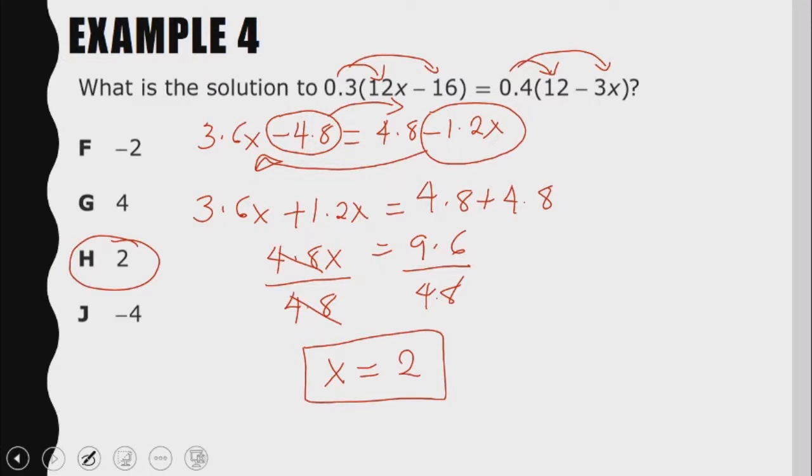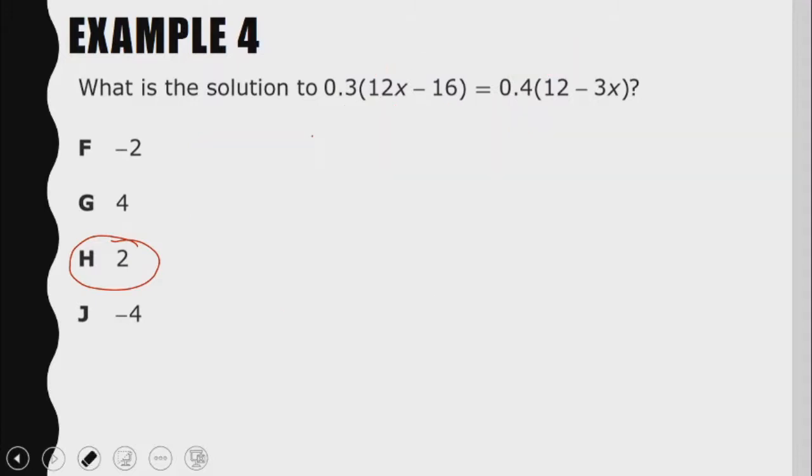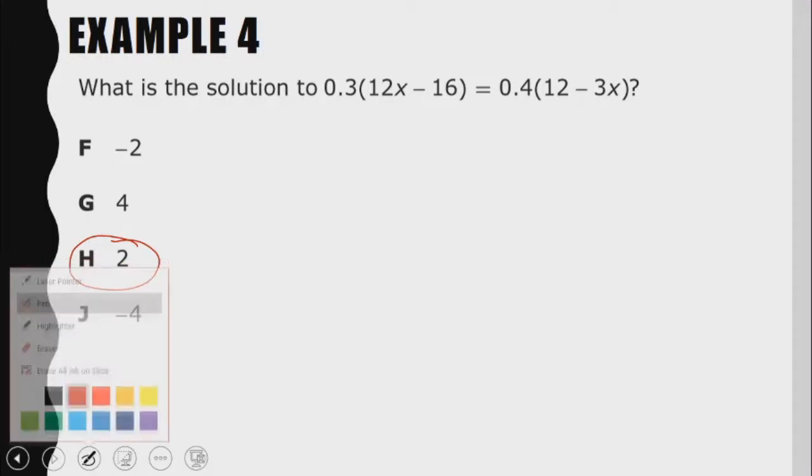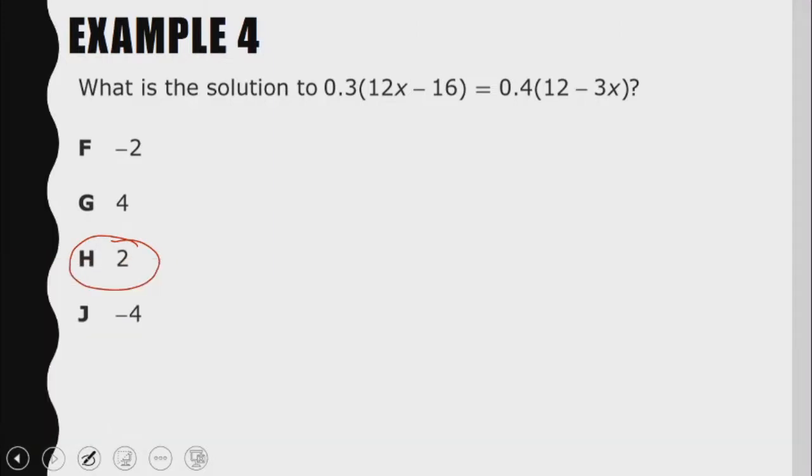This is one way of solving this question, but there's another way of solving it. Let's look at the question. We know that 0.3 is 0.1 multiplied by 3, and I'm just going to use parentheses for multiply.